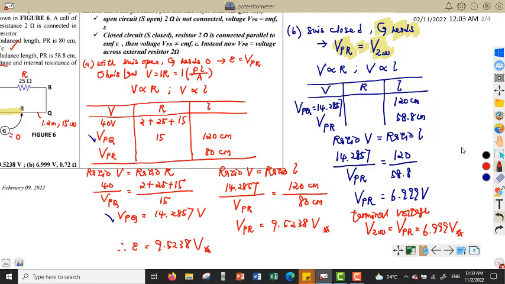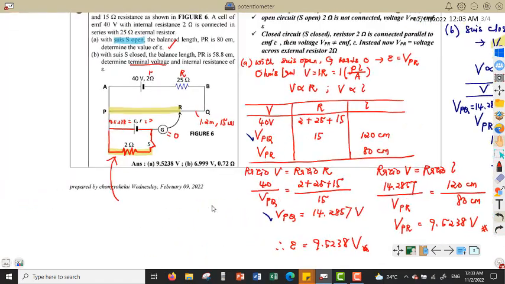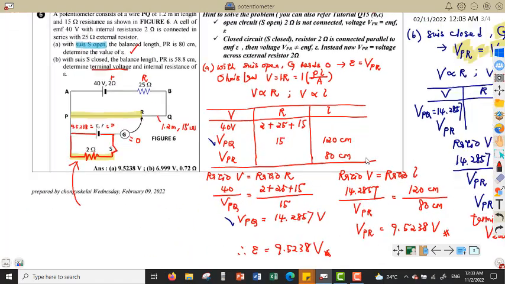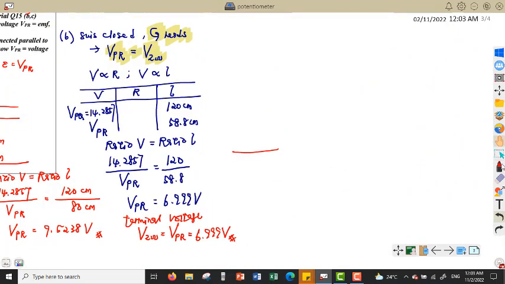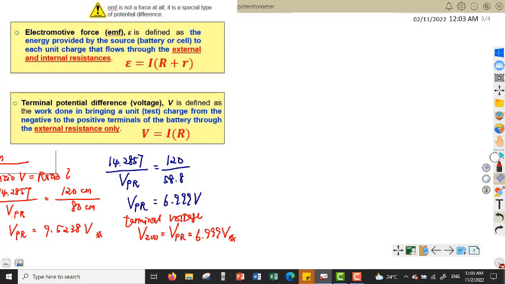Then we want to find the internal resistance of the battery. In order to find it, you can just focus on the battery.